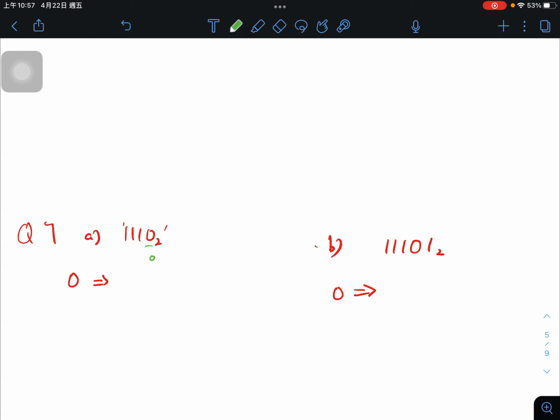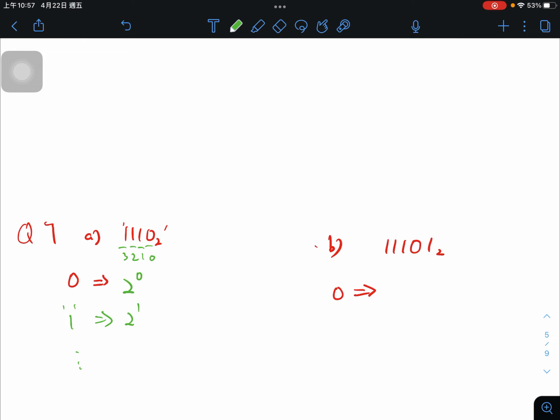It should be 0, 1, 2, 3. The first one is 2 to the power 0. So the first 0 will represent 2 to the power 0. The first 1 will represent 2 to the power 1, and etc.